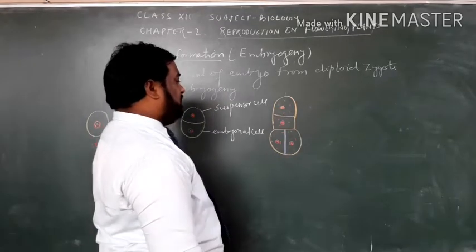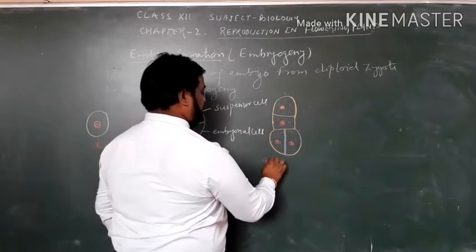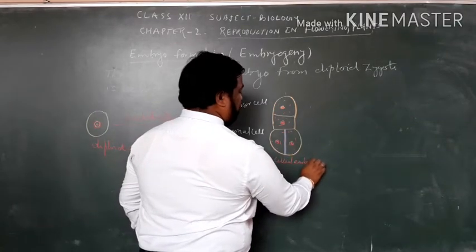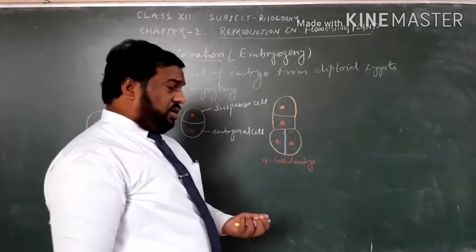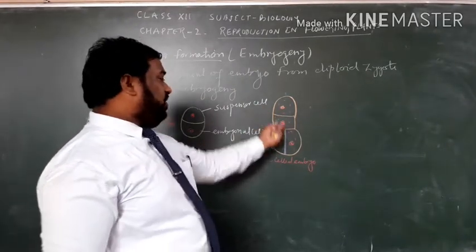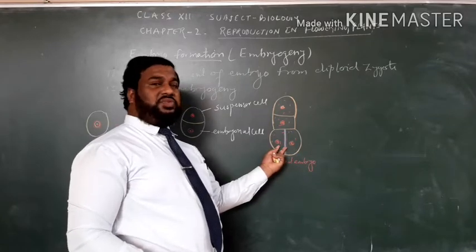So this is a 4-cell embryo. Now upper cell again divides transversely and lower cell again divides transversely.